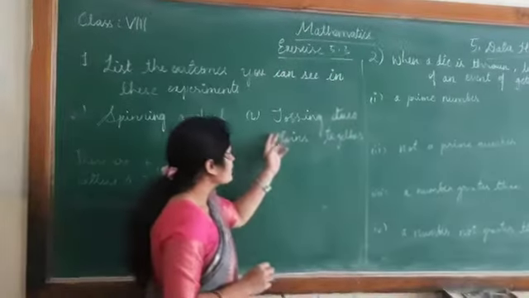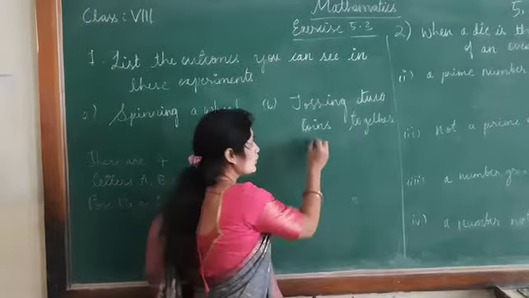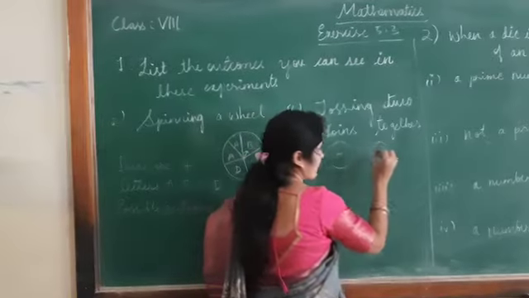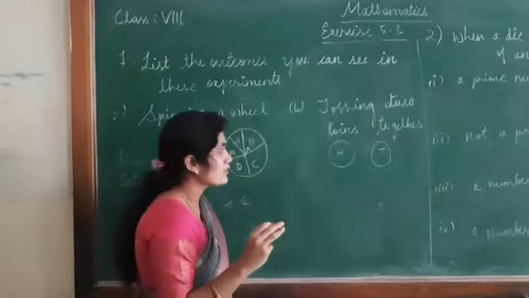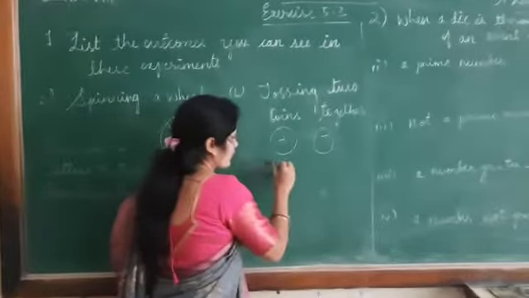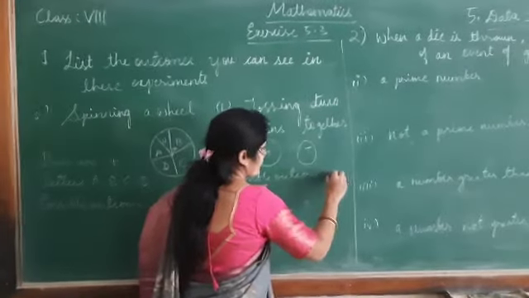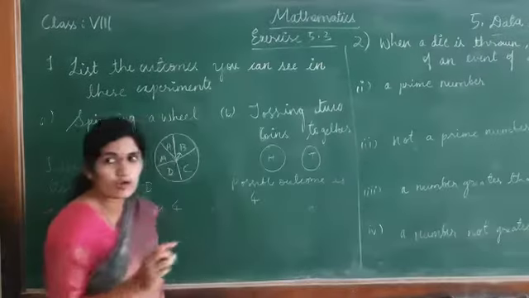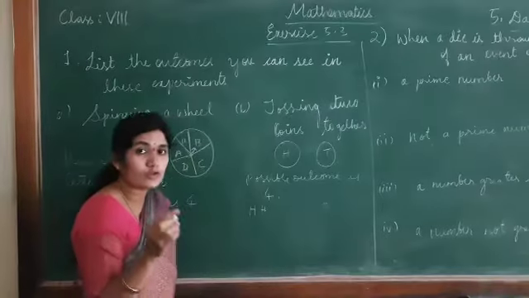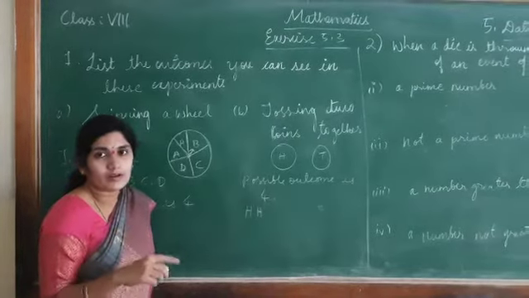Now here we have the second experiment, that is tossing 2 coins together. As you know, this is a coin, this is head and this is tail. If you have 2 coins, then the possible outcomes are 4. Why? Because we have 4 possibilities. If you toss only one coin, you get either head or tail.